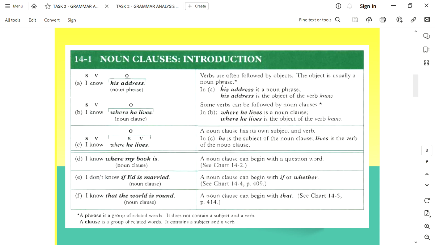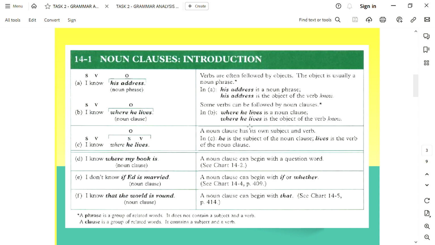Verbs are often followed by objects. The object is usually a noun phrase. In A, his address is a noun phrase. His address is the object of the verb know. Some verbs can be followed by noun clauses. In B, for example, where he lives is a noun clause.